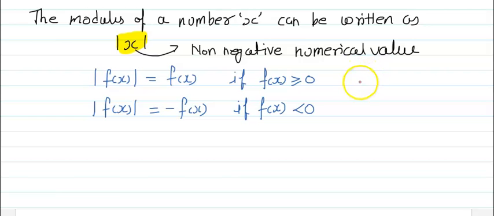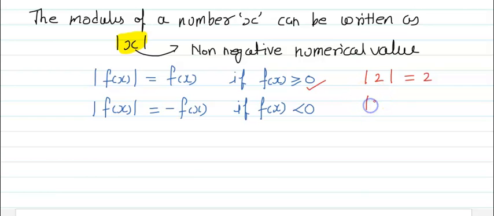So what does it mean? If there's a function or just a number that is positive 2, it will remain positive 2, and you can see here 2 is greater than 0.